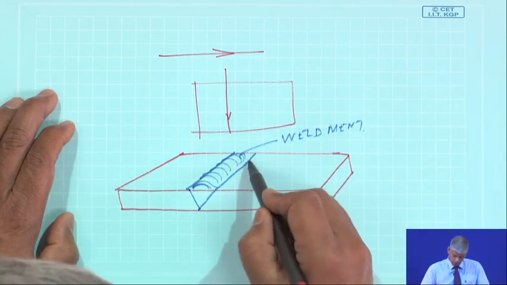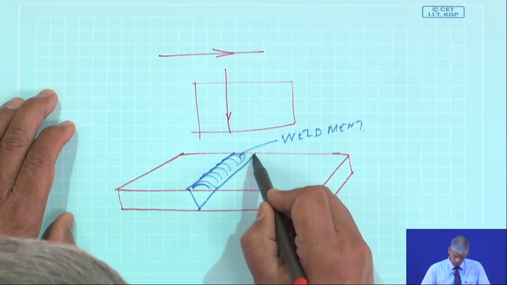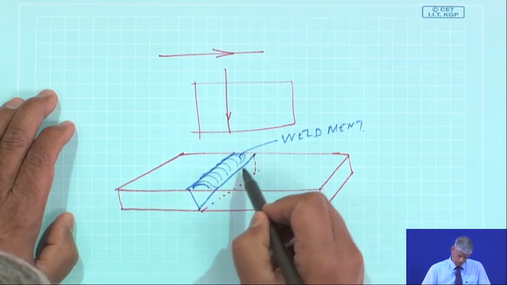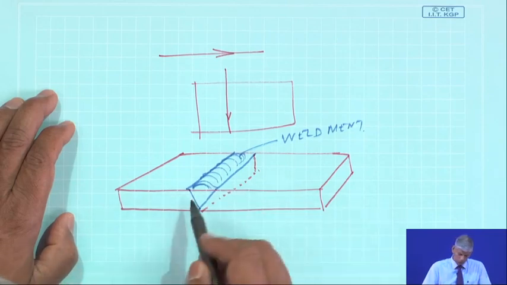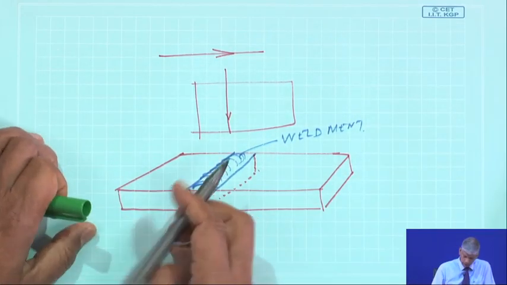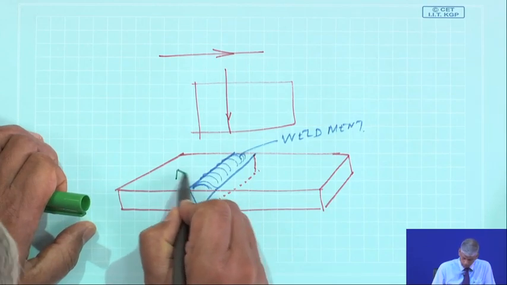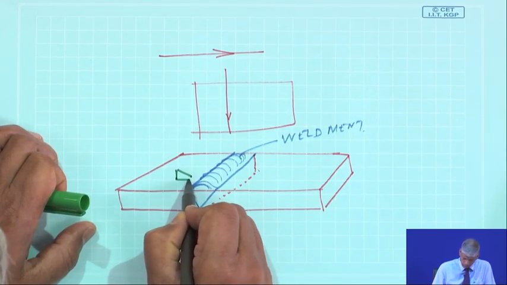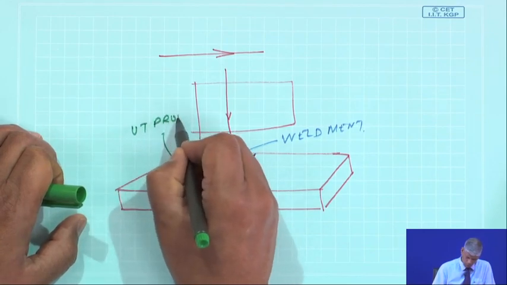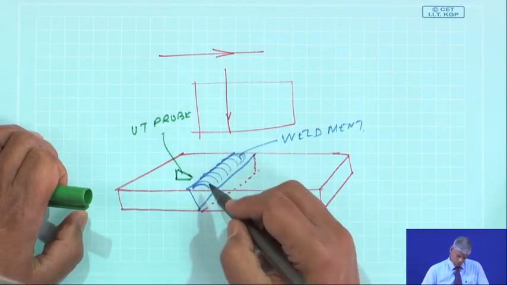So, along the thickness, what I could do is put a UT probe here. So, what happens?